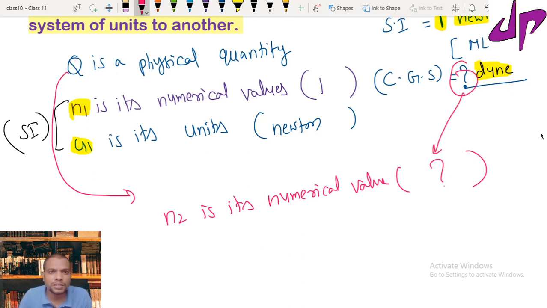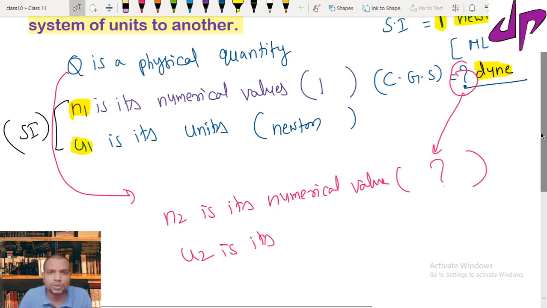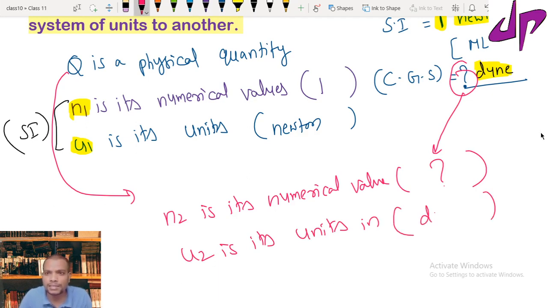And U2 is its units in another system of units. Here I have taken dyne. So the simple question is, 1 Newton equals how many dynes?